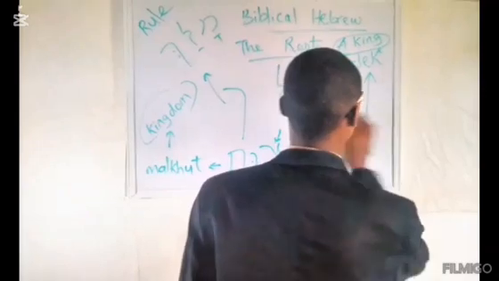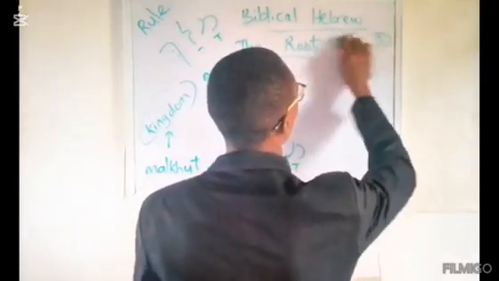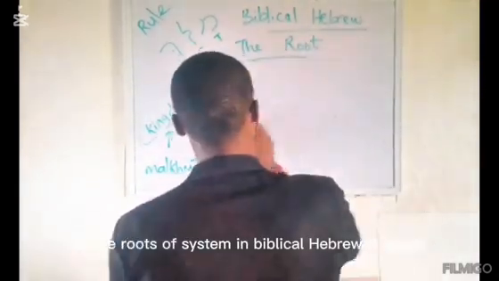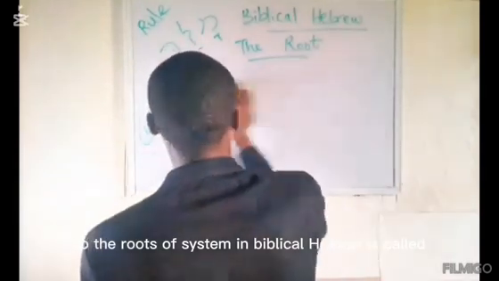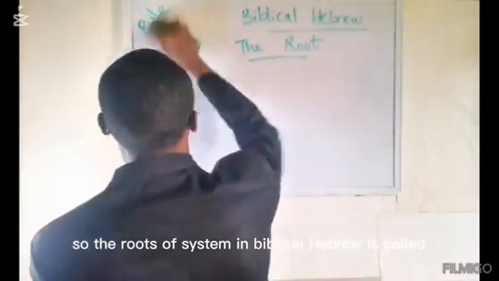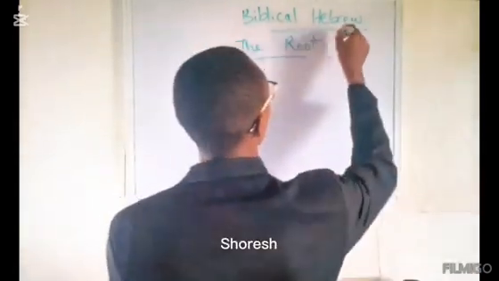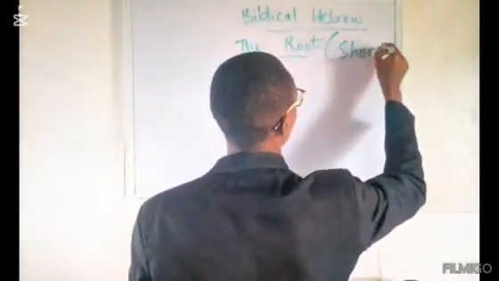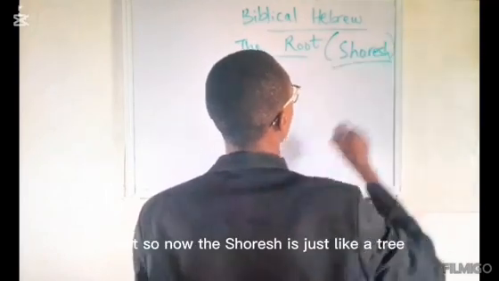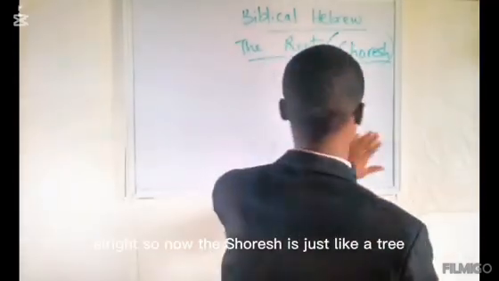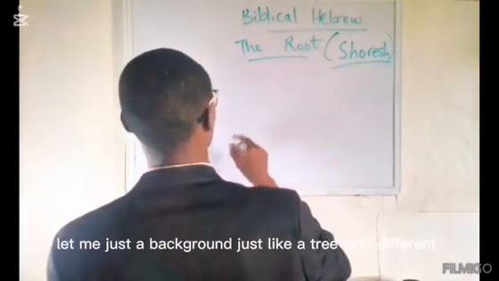So the root system in Biblical Hebrew is all called the Shoresh. All right. Now the Shoresh is just like a tree. Just a diagram.